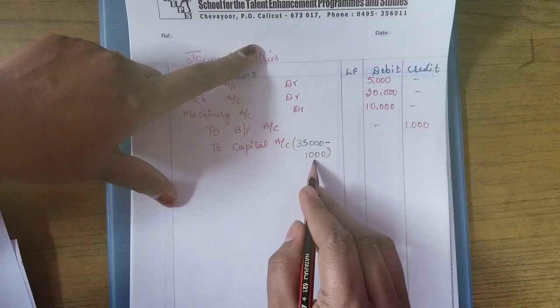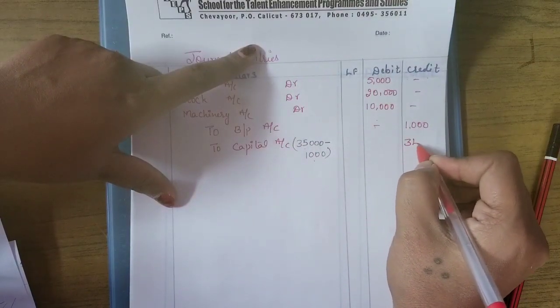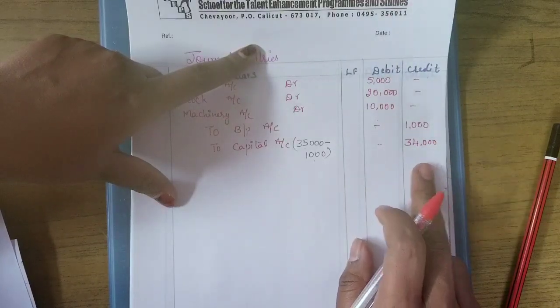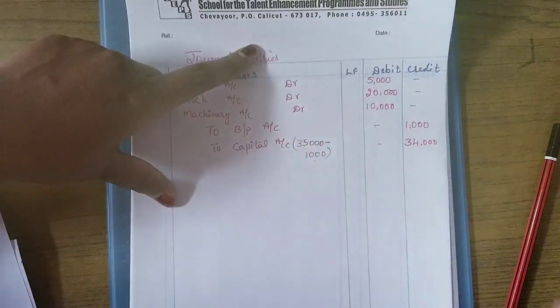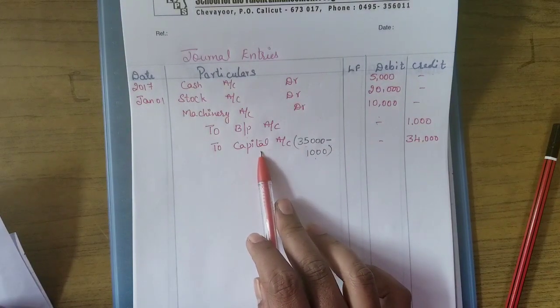So 35,000 minus 1,000, it will be 34,000. So actual capital will be 34,000 because this 1,000 is a liability which we have to pay it back. So that we should deduct from the capital amount.